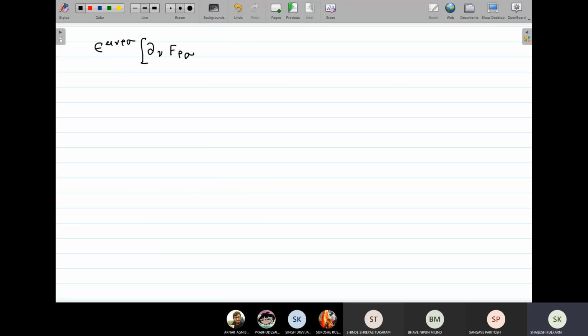And I will take all the cyclic permutations also: ∂_ν F_ρσ plus ∂_ρ F_σν plus ∂_σ F_νρ. All the cyclic permutations of this ∂_ν F_ρσ. What do you expect this is equal to?